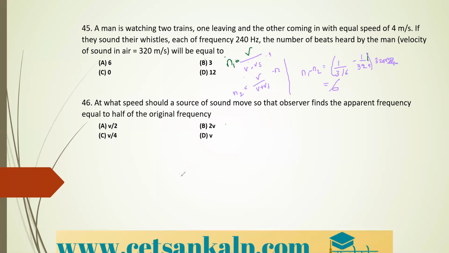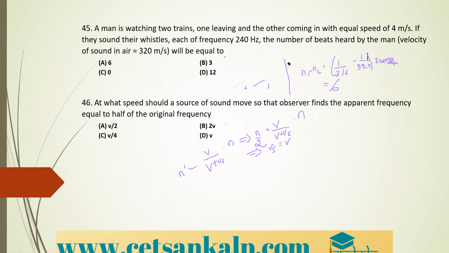Directly we can take the formula, n dash equals V divided by (V plus Vs) into N. When the frequency becomes half, N by 2 is equal to V divided by (V plus Vs) into N. Simplifying, we get Vs is equal to V. Therefore, option D is the correct option.